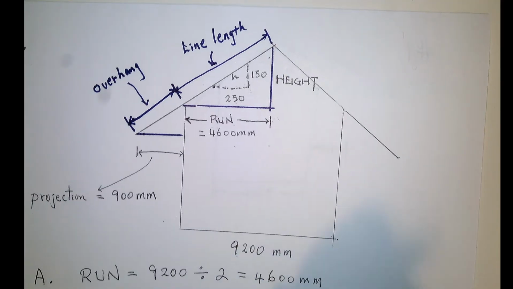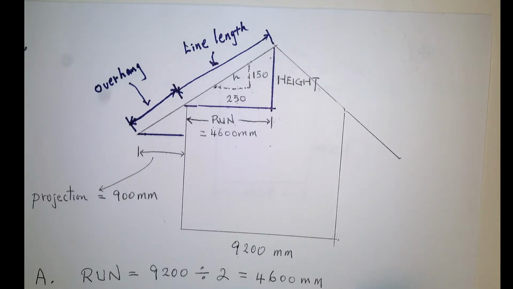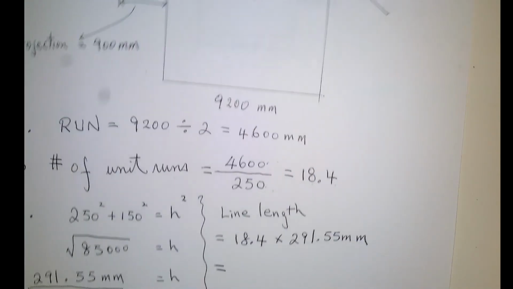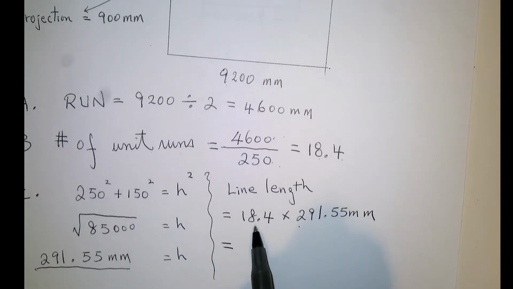So that's why for the line length, we're using 18.4 times 291.55 mm. Because the hypotenuse also increased in the same proportion.